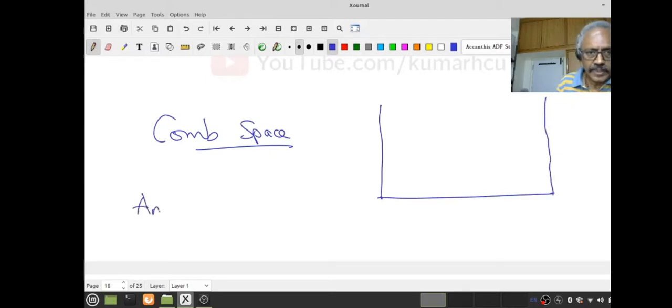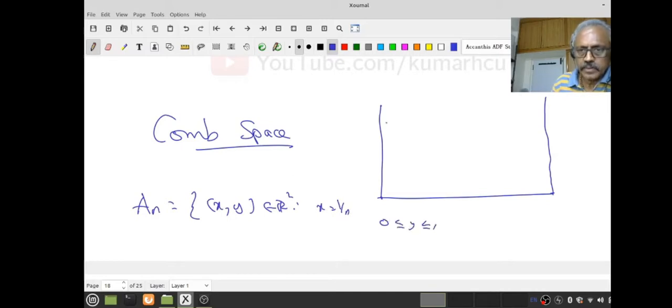So A_n is the set of (x, y) in R^2 such that x equals 1/n and 0 less than or equal to y less than or equal to 1. So this is y equal to 1, and this is 1, this is half, this is 1/3, okay, and this is not included.